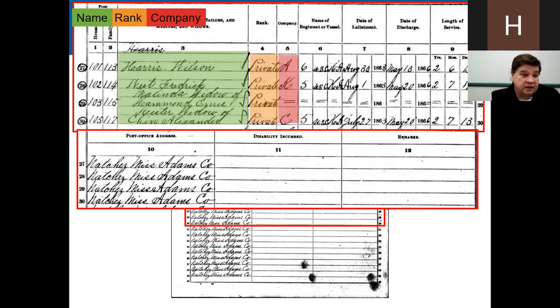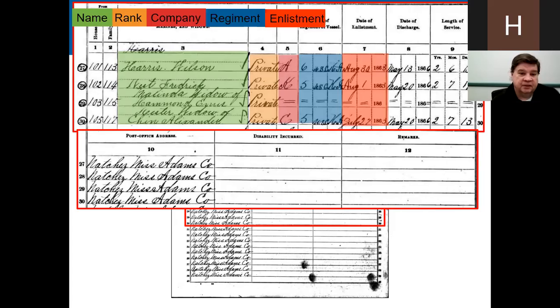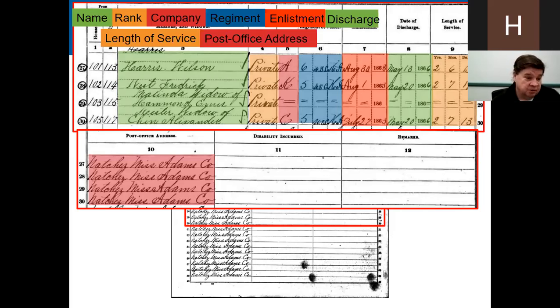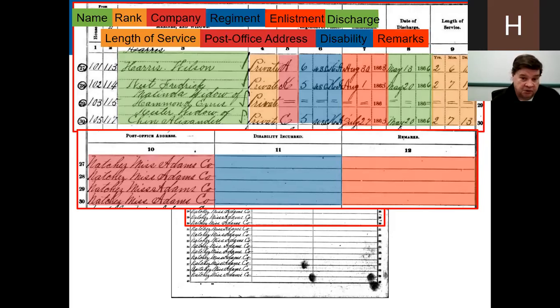Their rank, company, the regiment, enlistment, discharge, length of service, the post office address, whether or not they were disabled, and then other remarks. And there are African American soldiers whose names appear on here. If you find an ancestor on here, it will be a good clue to look for them in other military records.